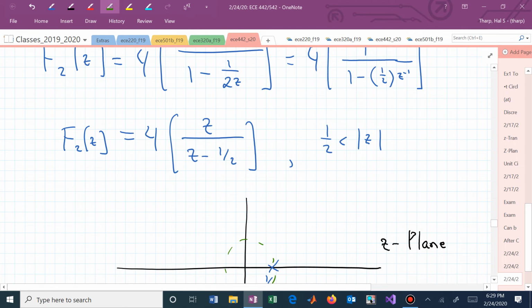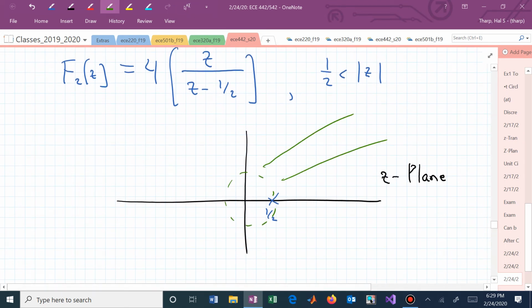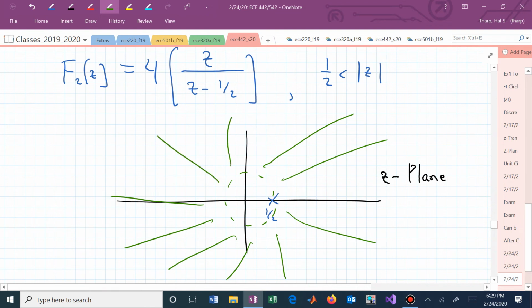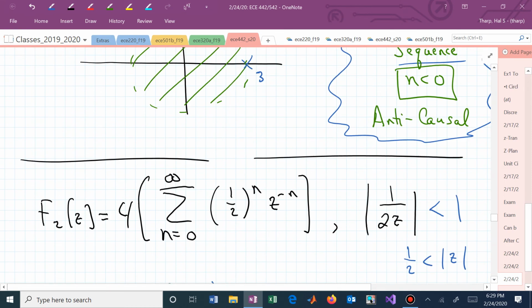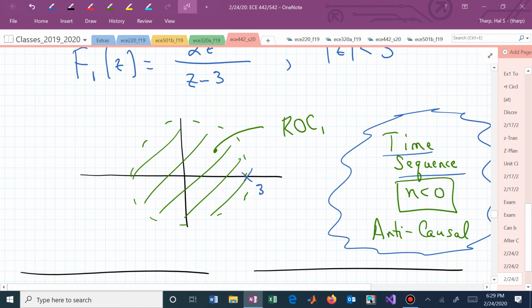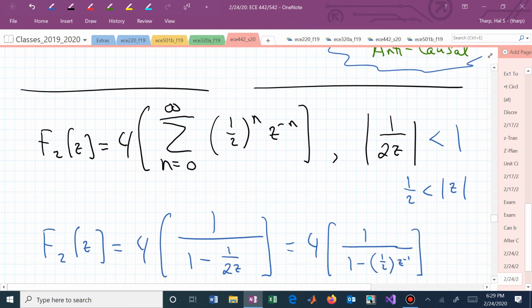Or our region of convergence here, and let me put a subscript 2 on that. Did I subscript the previous? Yep, I did. I said ROC1. So we have 2 rocks, rock 1 and rock 2.